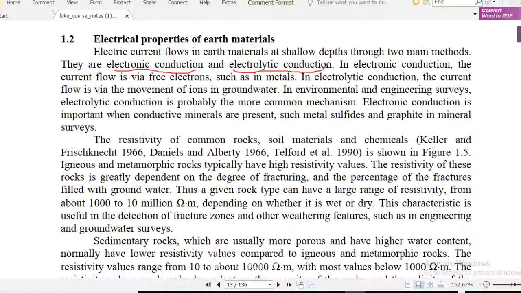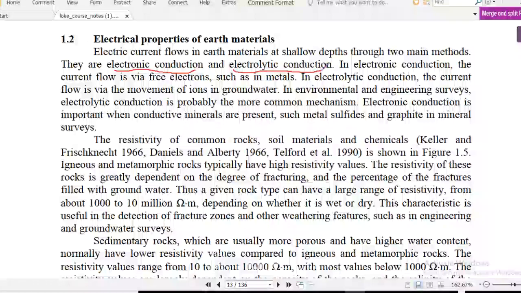Mostly we know electronic conduction, but we are not mostly aware of electrolytic conduction. In this topic we will discuss how electrolytic conduction works in the subsurface of the earth.